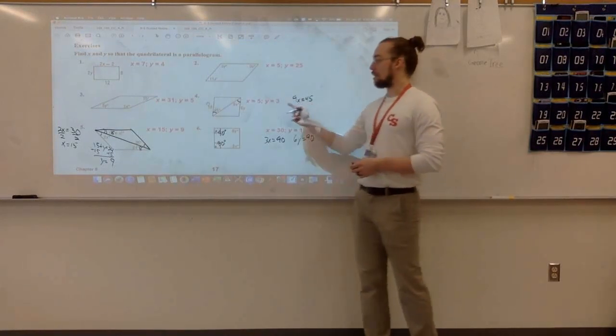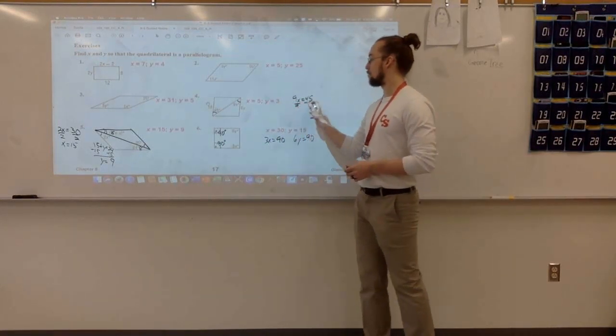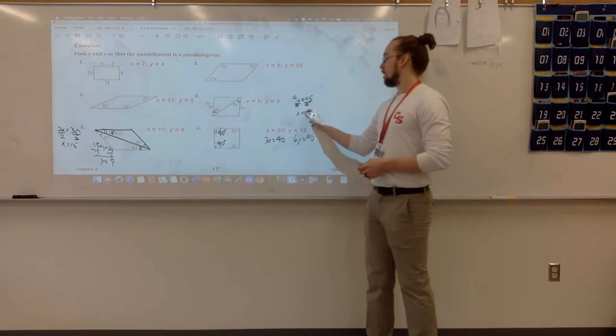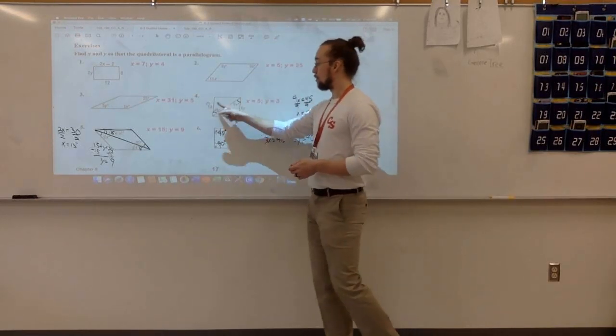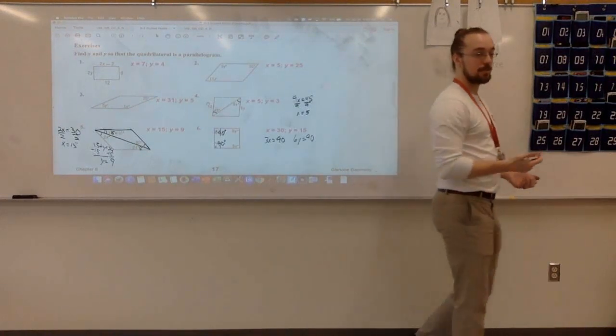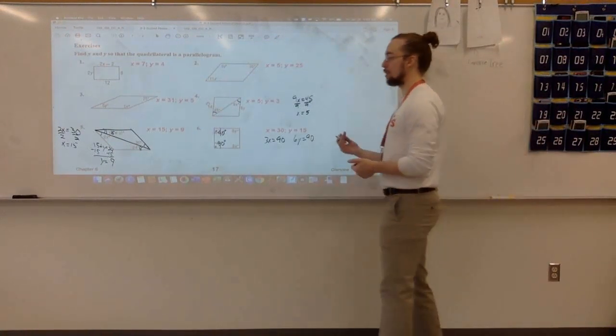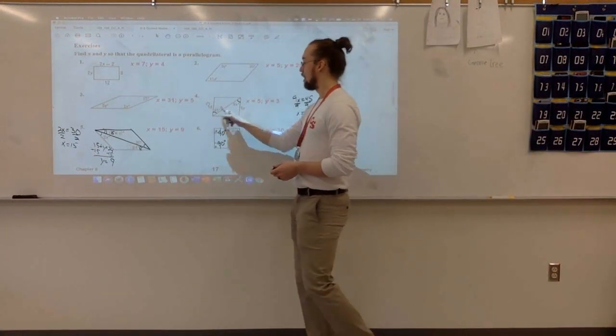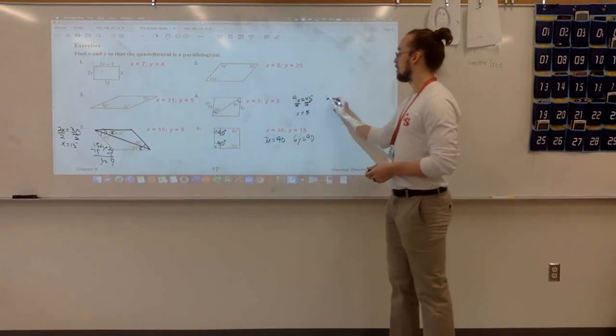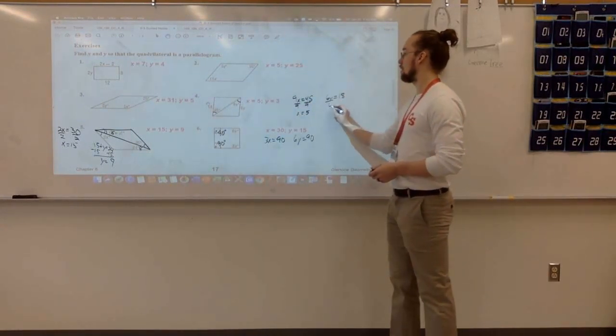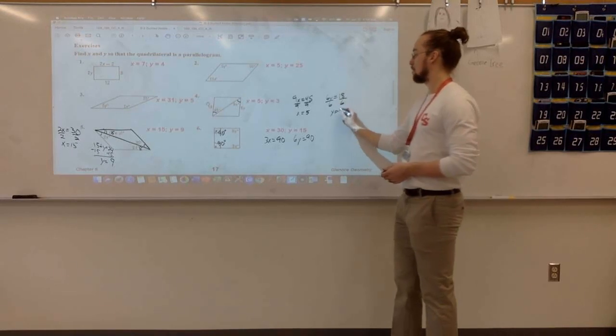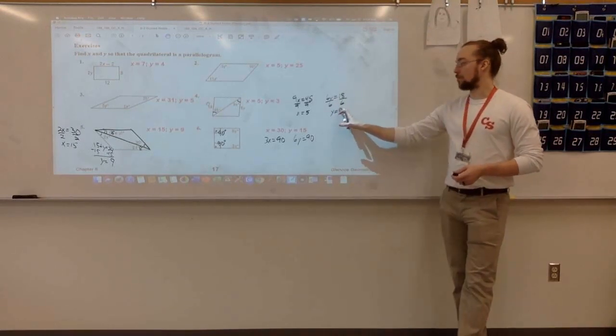And then divide by 9, I'll get x equals 5. For y, I'm given those as side lengths. So I know opposite sides in a parallelogram are equal to each other. So I can say 6y equals 18. Divide by 6, we get y equals 3.